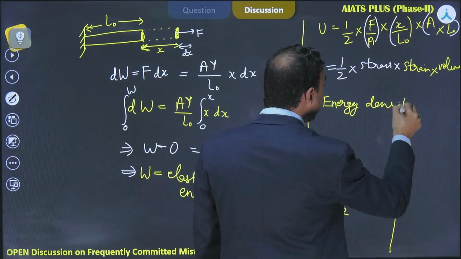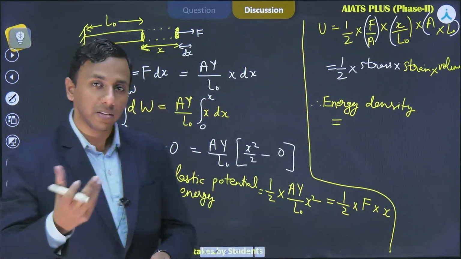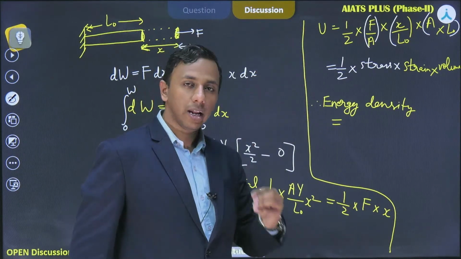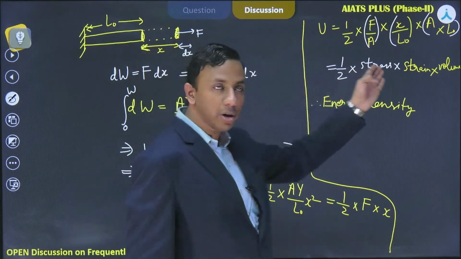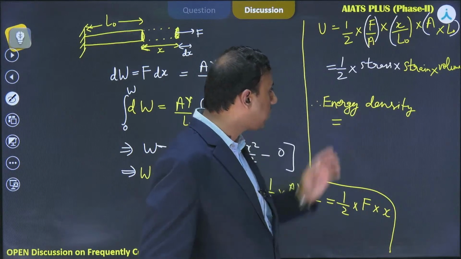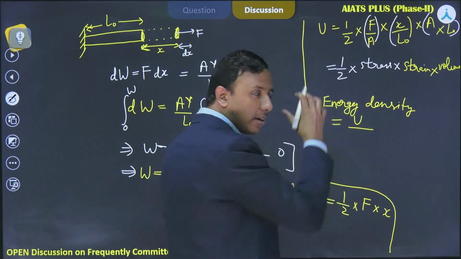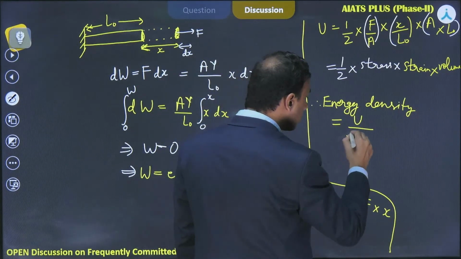And also remember, in NEET, so many questions can come from your dimensions also, right? So let's say they can ask, what is the dimension for elastic potential energy? It would be dimension of energy, right? The SI unit would be joule, so dimensions would be for joule. And here for energy density, so what is the formula? It is total elastic potential energy per unit volume. So you have to divide it by volume.